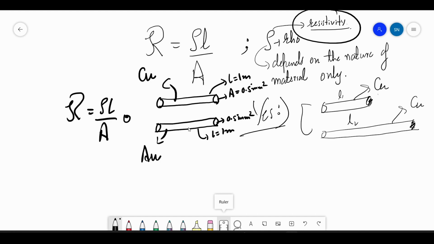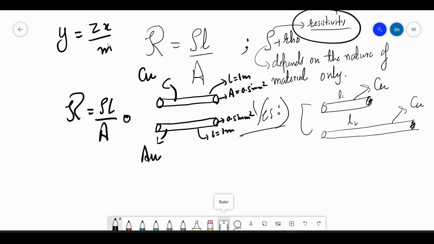Even if their length is the same, even if their area of cross section is the same, it is as if saying that y is equivalent to zx by m. So even if x and m are the same but z is changed, y will still change, right? Yes, sir. If z and x are constant, m changes, that will change y.